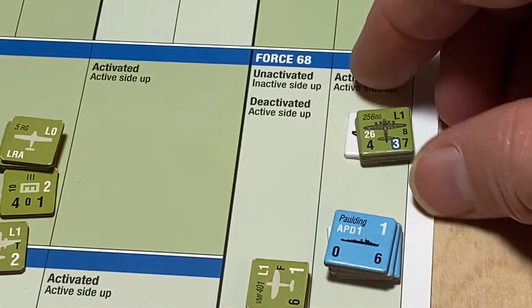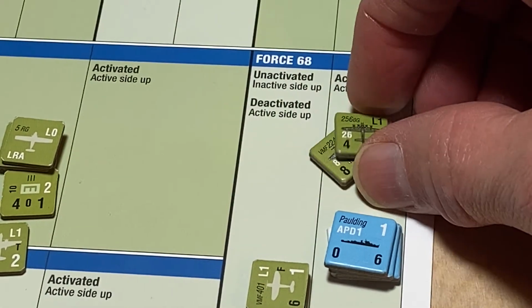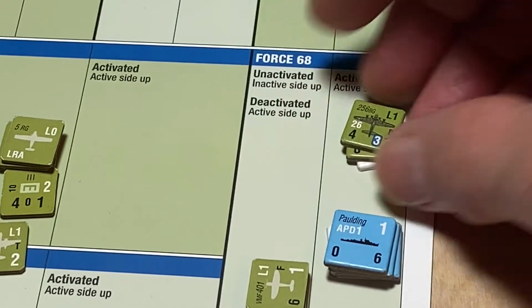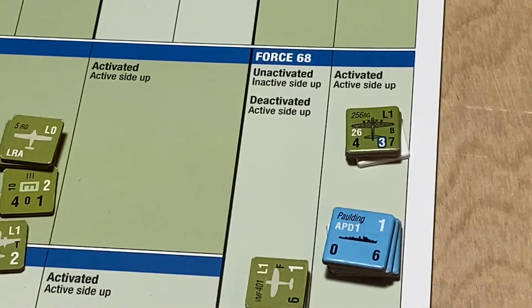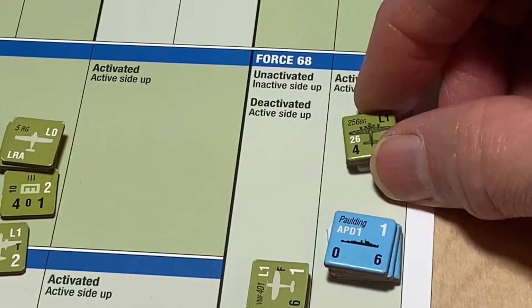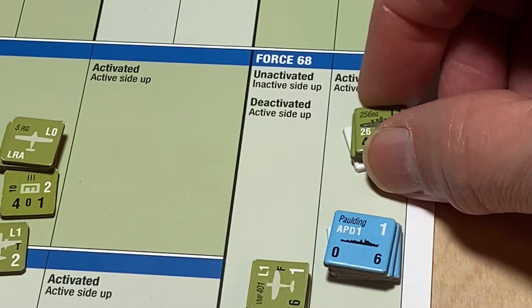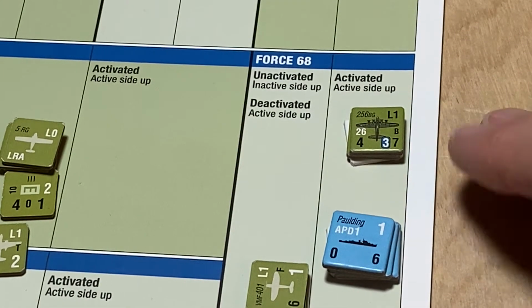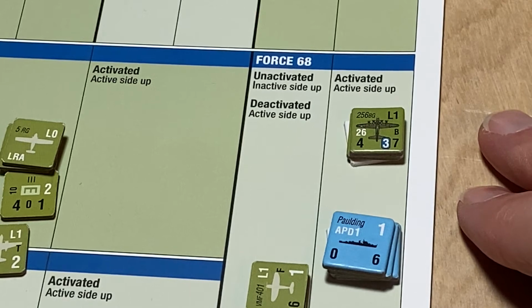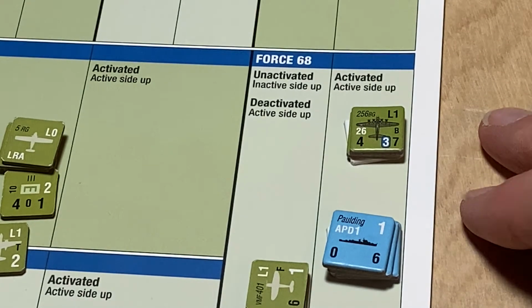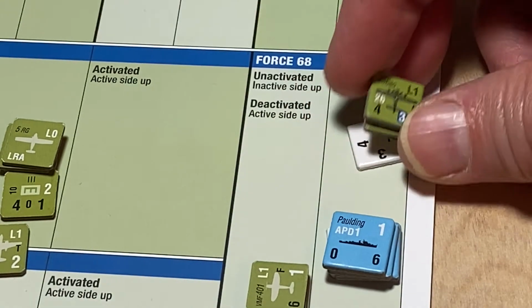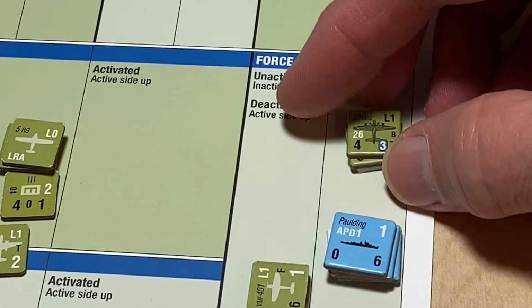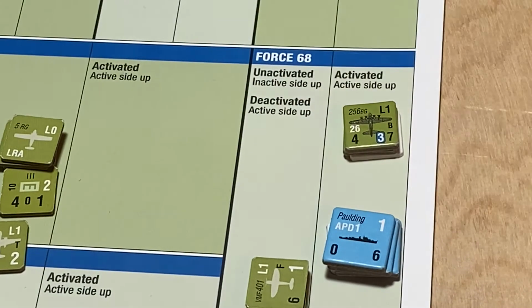If they're plane units and they're taking off and landing, let's say from Guadalcanal or wherever, they're activated during the operation. And then when you come back to deactivate at the end of an operation, I was flipping these over, and you really shouldn't do that unless it was the end of the month.